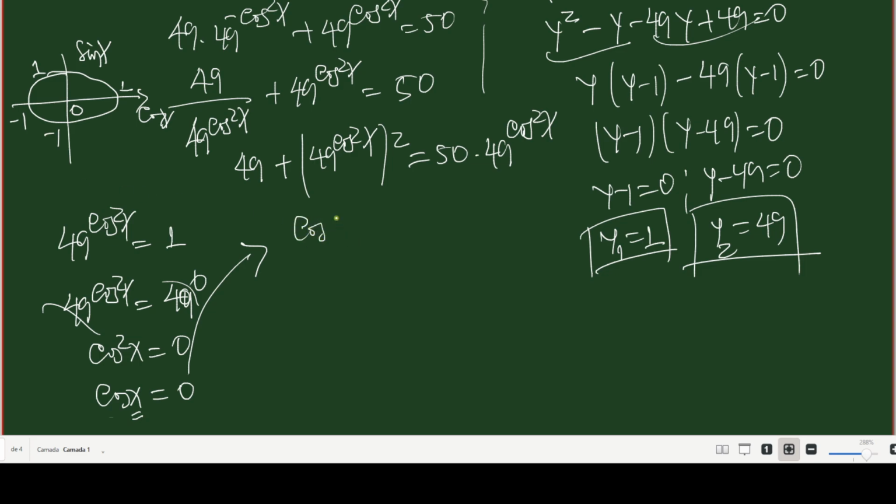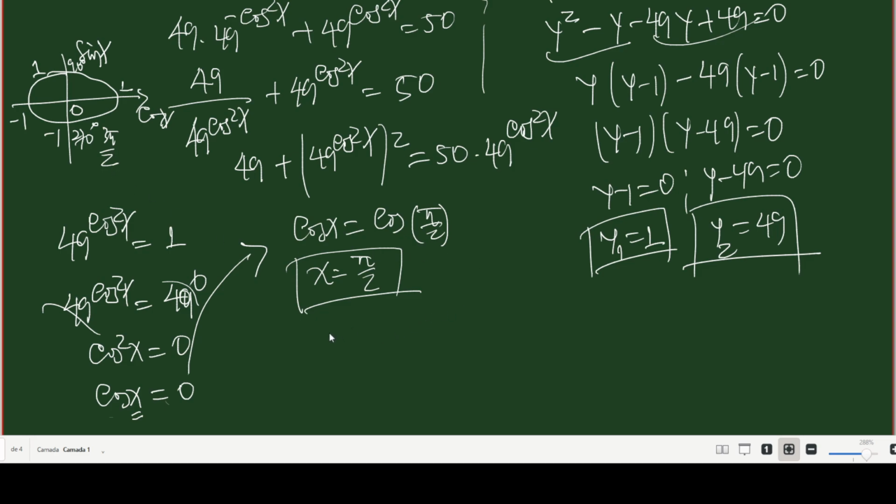We have that cos of x, which returns 0, is going to be cos of pi over 2, or 90 degrees. So we're going to have x equals pi over 2. The second one would be 270 degrees, which is 3 pi over 2.